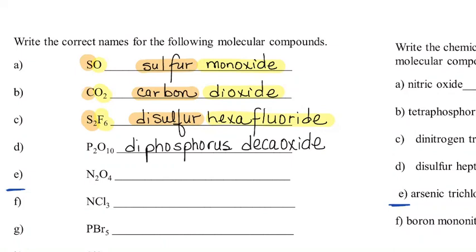Look at what happened with the oxide. The prefix ends in an A, and then we have oxide. So what happens to the A? The A goes away. So that becomes all one word.